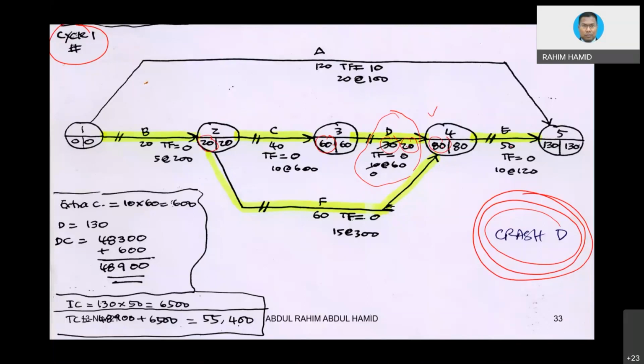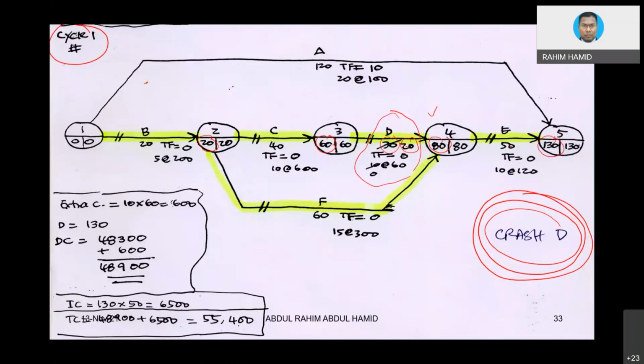It looks like A is 120. So the biggest value would be from E. So that should be fine. When we compress activity D, it looks like it is workable, and we are able to compress the project duration until 130 days.